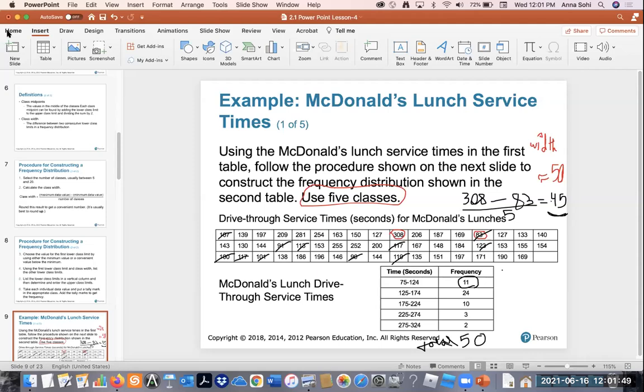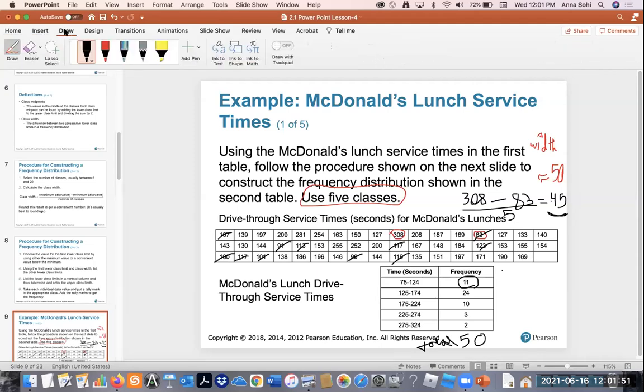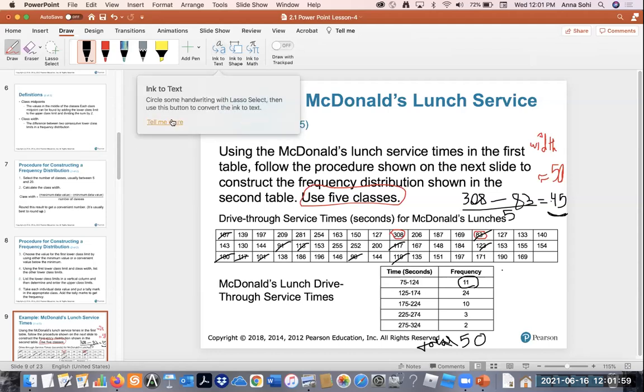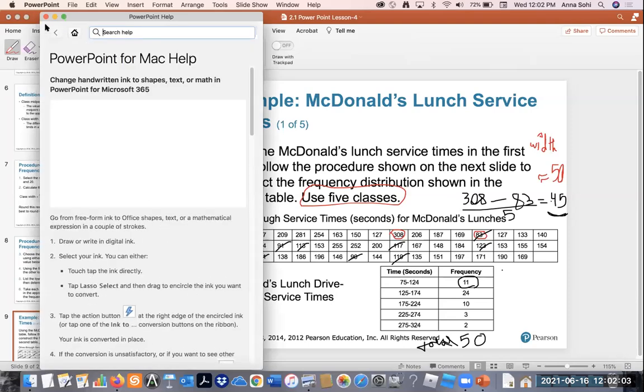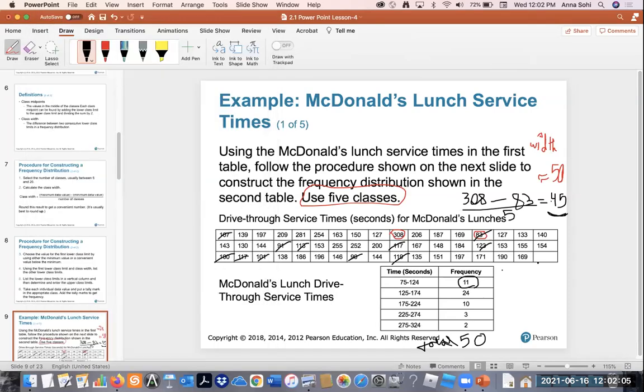The way to write the relative frequency, this is how you calculate it.